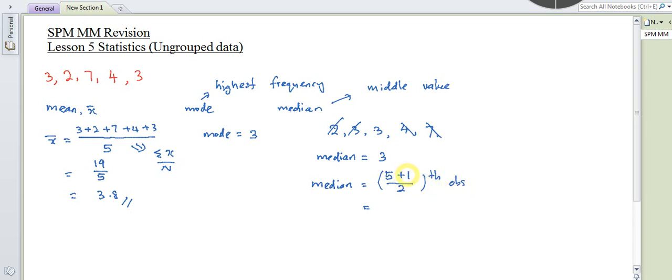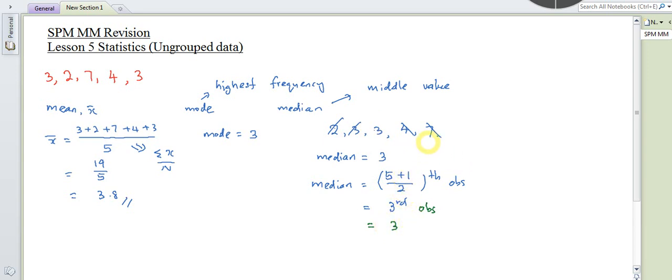So 5 plus 1 is 6, 6 divided by 2 is 3. It means the median is the third observation, the third data. So 1, 2, 3. Okay, so it's 3.